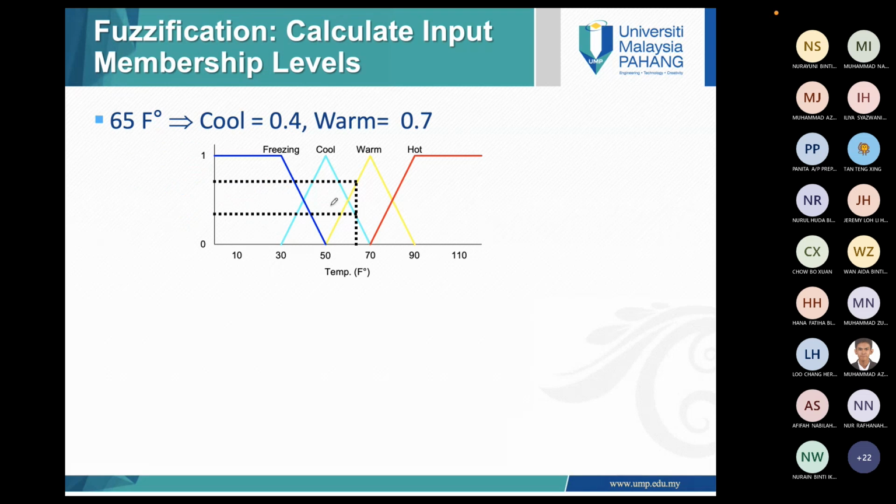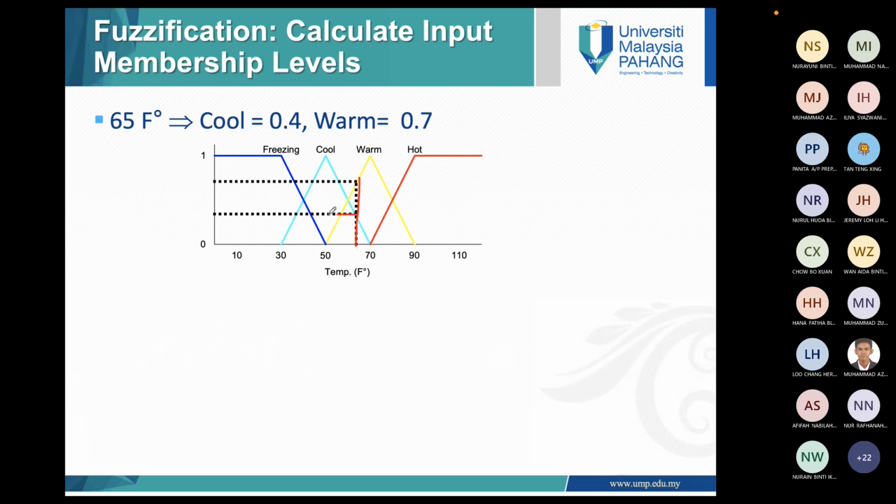For the temperature, we draw the 65 and navigate where 65 falls. It falls right here, and it falls on two lines: the cool line and also the yellow line, which is the warm line.